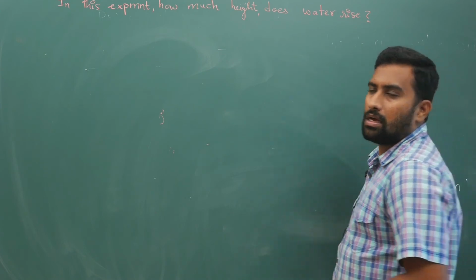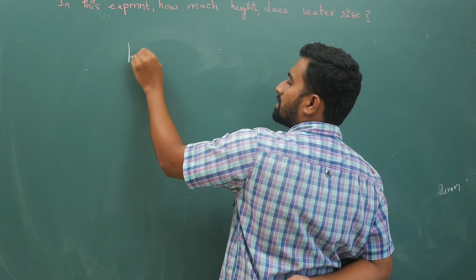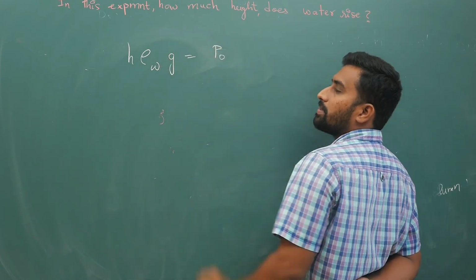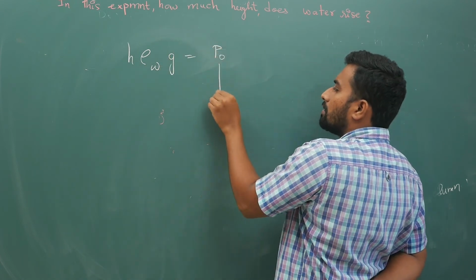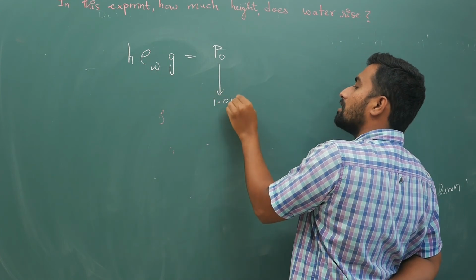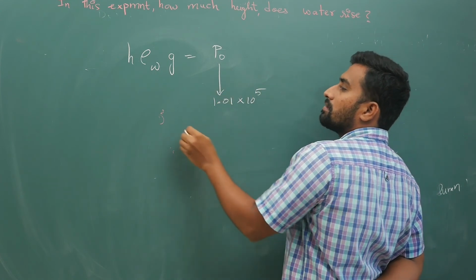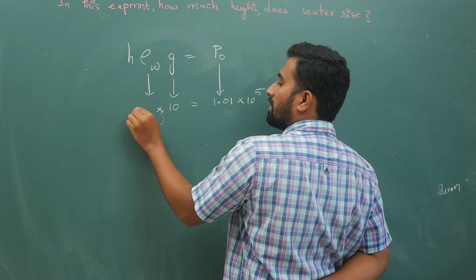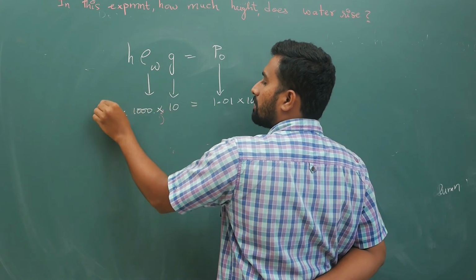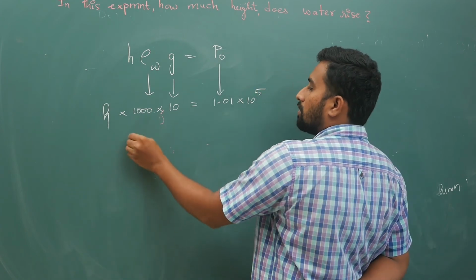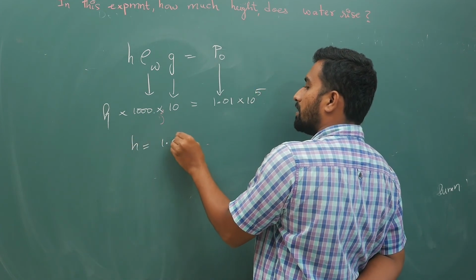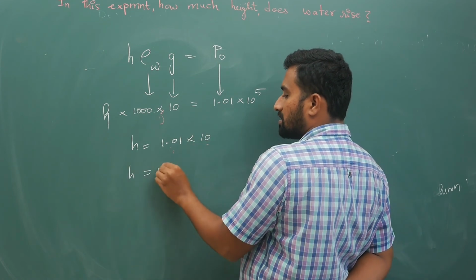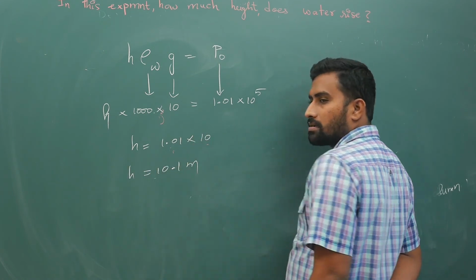Now same thing, H into rho of water into g is atmospheric pressure P naught. So it is 1.01 into 10 power 5. g value is 10, rho of water is 1000, this value is H. So H is 1.01 into 10 power 5 by 10 power 4, that will become 1. So H is 10.1 meters.